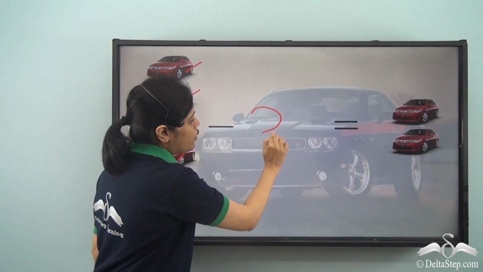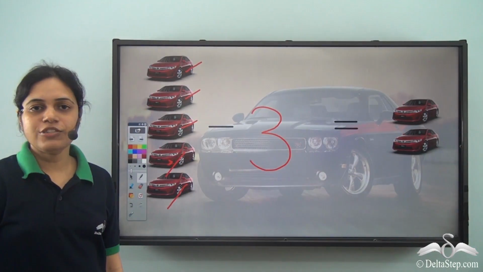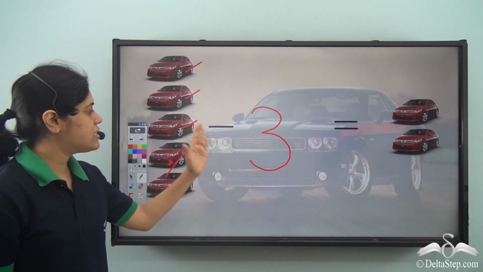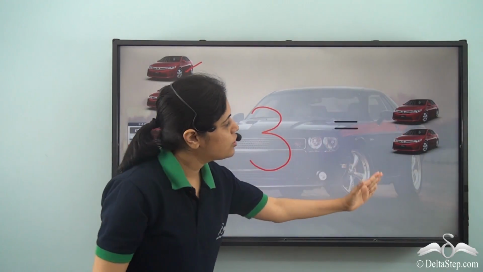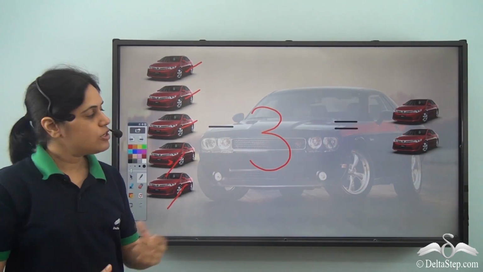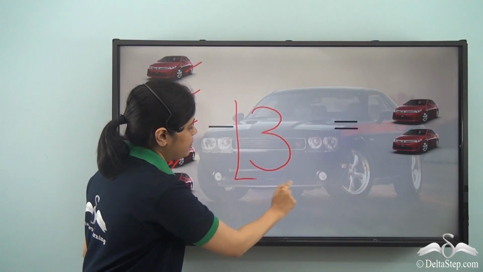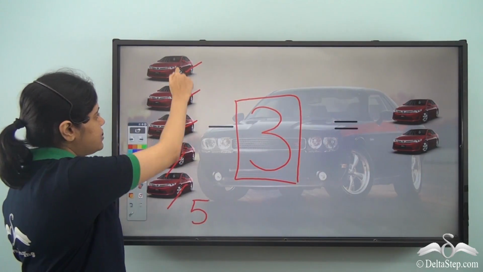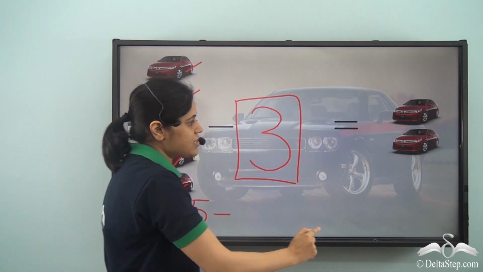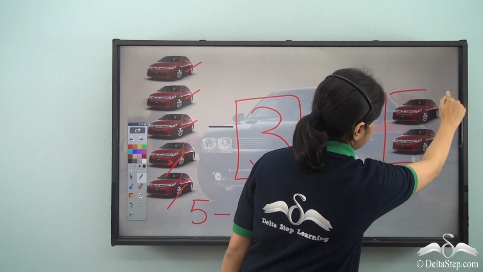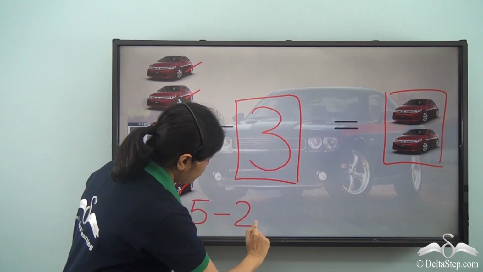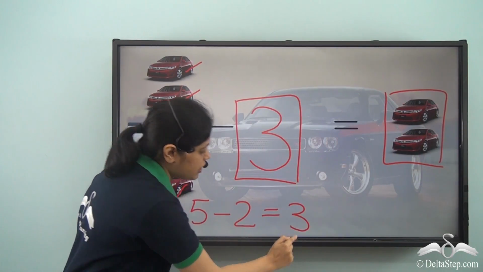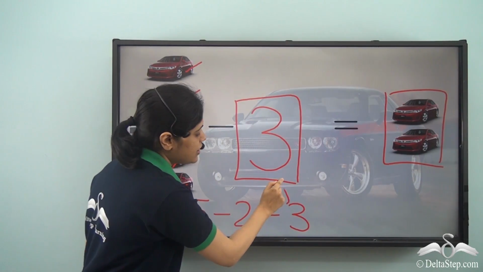So I need to subtract 3 cars from 5 cars to get 2 cars. So this 3 is actually 5, which is these 5, minus the difference 2. So 5 minus 2 gives me 3, which is this number.